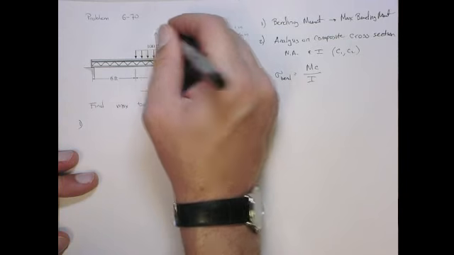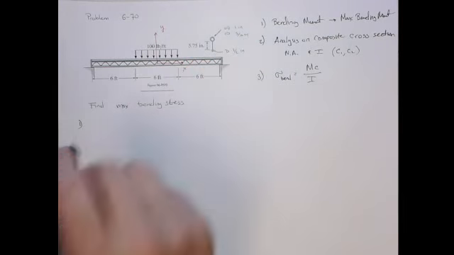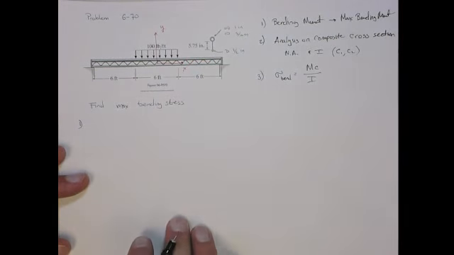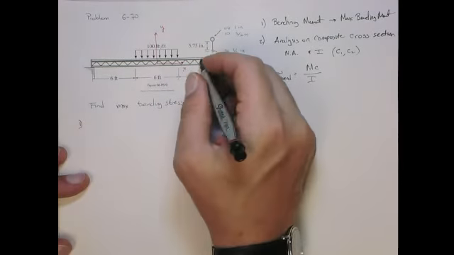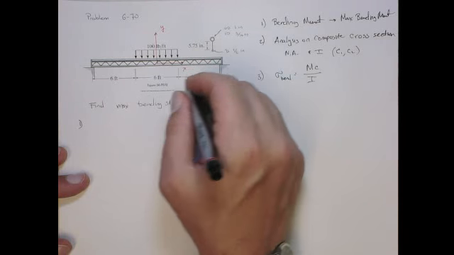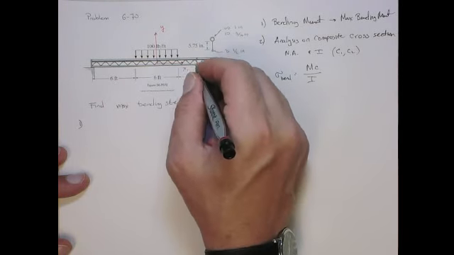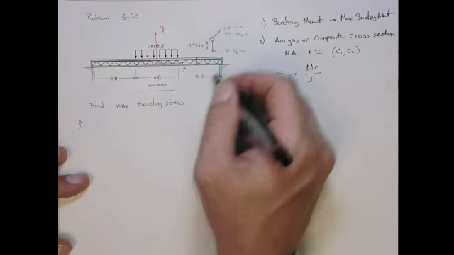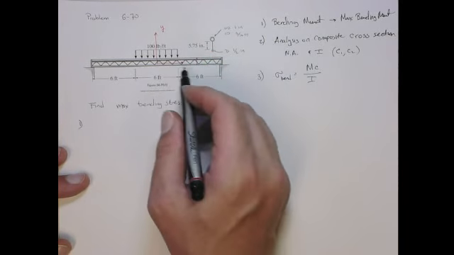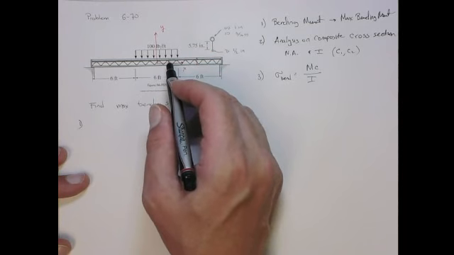This will be the y direction, and that'll be the x direction. First, we're going to analyze the bending moment diagram in this 6-foot section. So I'll have to take a cross section there, and I'll consider this right-hand side. Then we'll have to look at the middle 6-foot section, where the distributed load pops up.